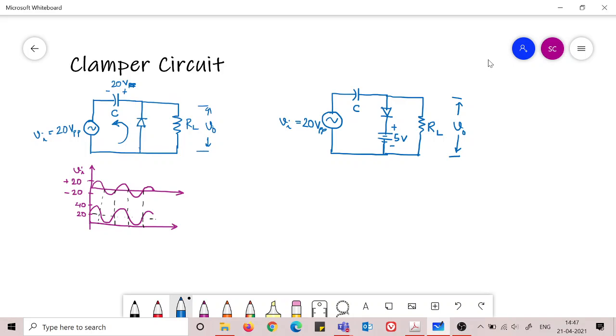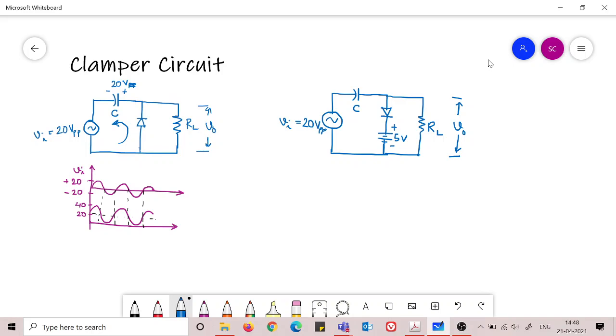So when we start in the positive half cycle, this capacitance is like a short, because there is sinusoidal voltage passing through it. It acts as a short to the sinusoidal voltage, we know this. So unless this input voltage crosses plus 5 volt, the diode is not getting forward biased. After it crosses plus 5 volt, the diode is forward biased and it is a short now.